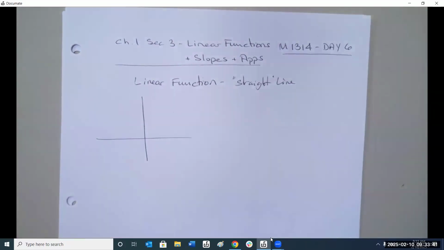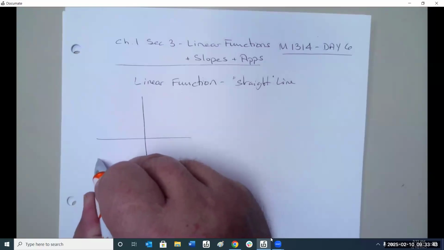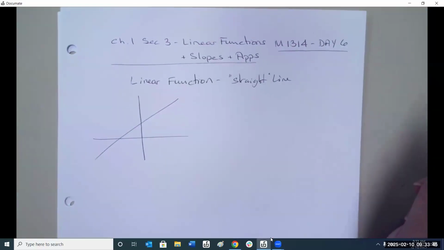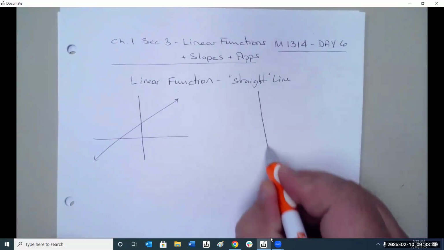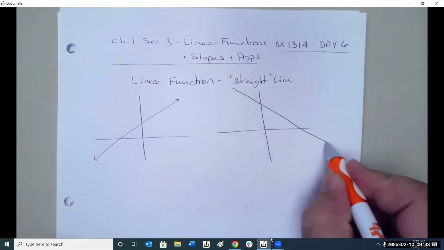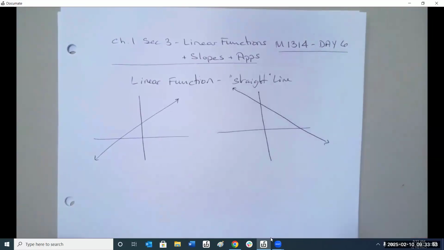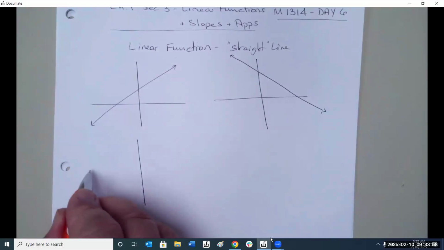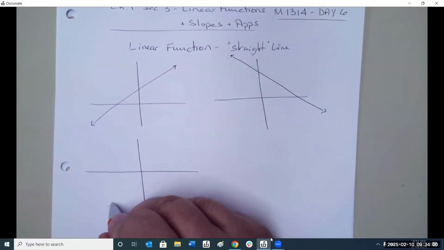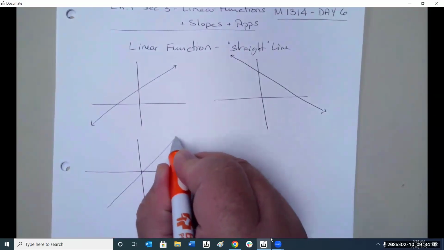When we think of a straight line, we think of this. Or we think of this. Or from our library of functions, we think of that.